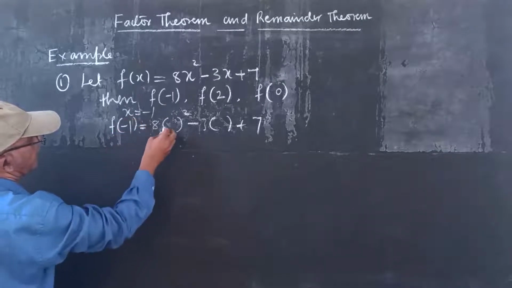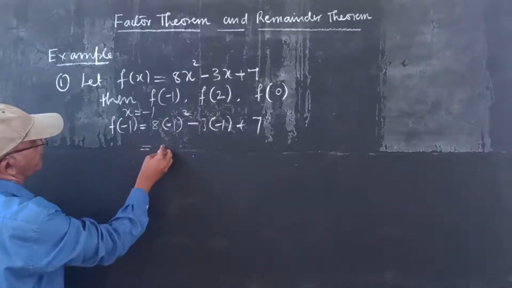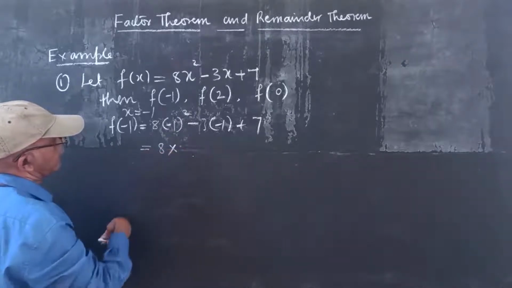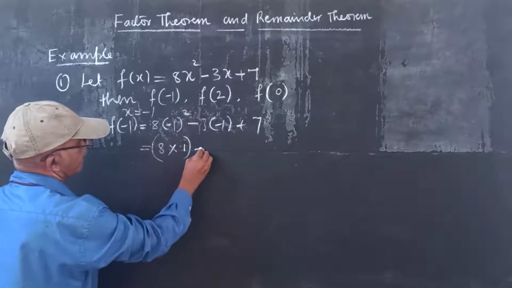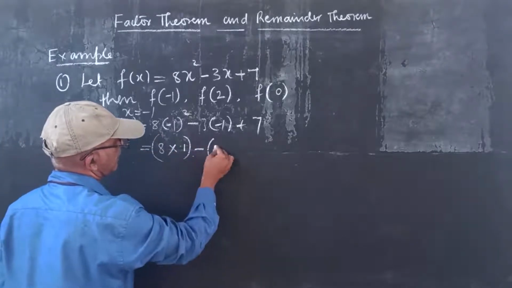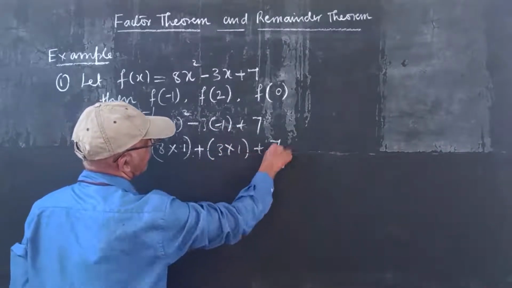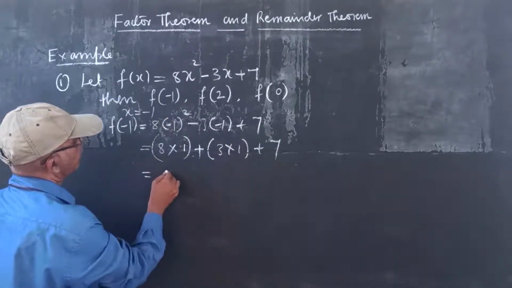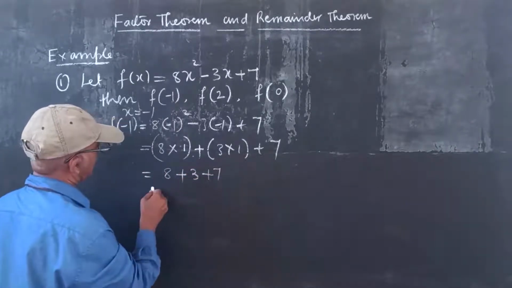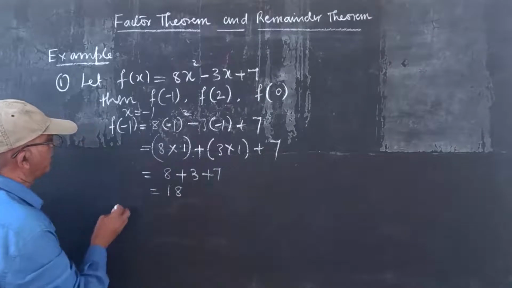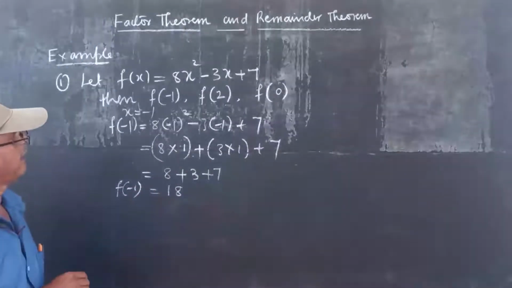So this is equal to 8 into minus 1 square, which is 1, minus 3 into minus 1, plus 7. This is equal to 8 plus 3 plus 7, so 18. So the value of the polynomial at x is equal to minus 1 is 18.